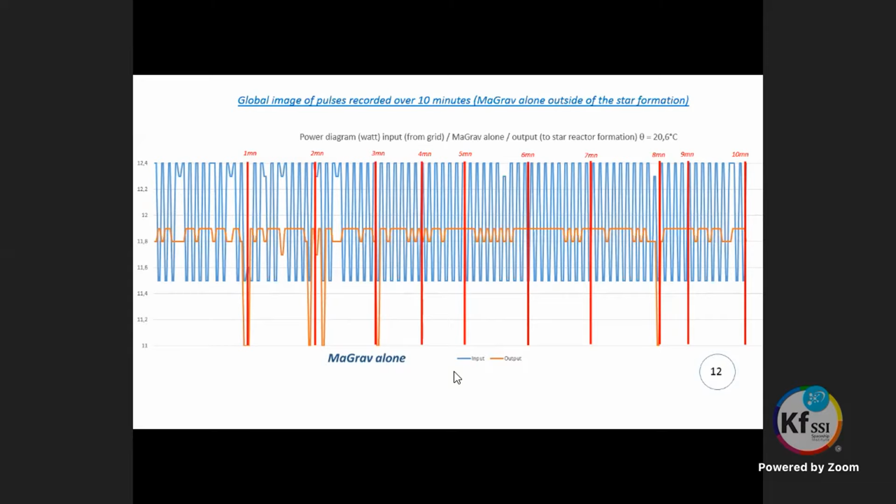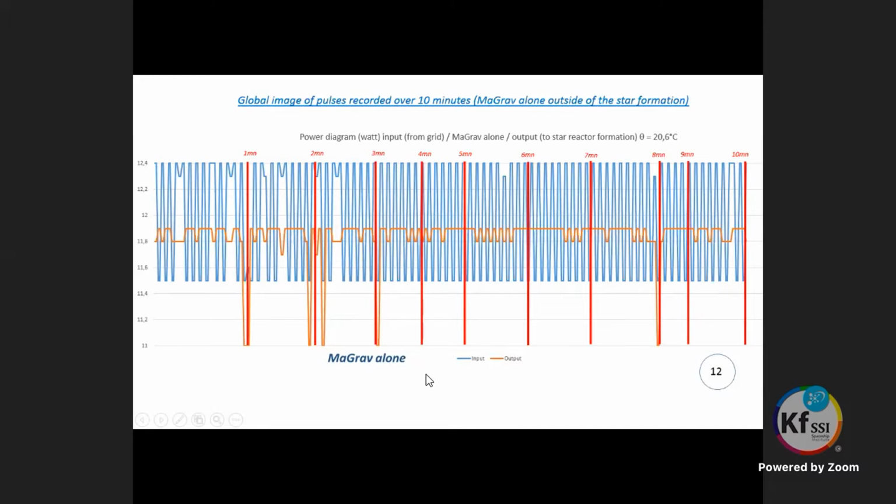I show you the first 10 minutes because after 10 minutes we have the same scheme as here. You see? For 2 hours it's the same. Here it's the beginning of the movie.